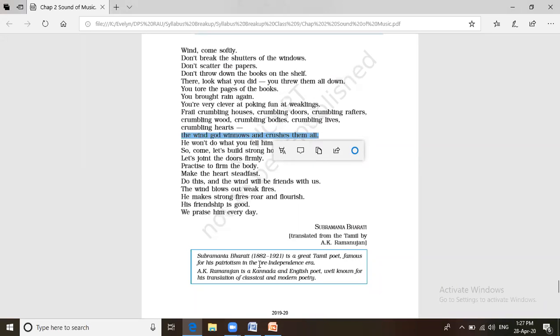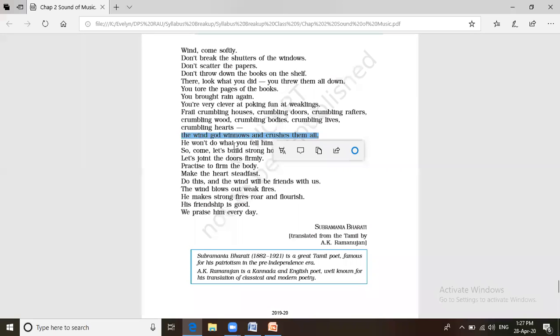Explain this line. Ma'am, winnows means grains. So the wind crushes all the grains. Acha. How does the wind do that? Ma'am, the wind passes through the open areas where winnows are growing, so the wind crushes them all.